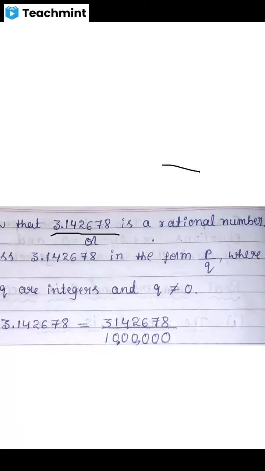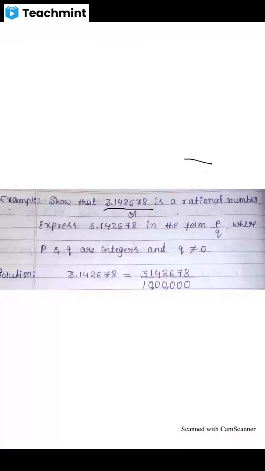Now, the question may also ask in the form of: express 3.142678 in the form P by Q. You can do it in two different ways. The first method is to show that 3.142678 is a rational number, or express 3.142678 in the form P by Q, where P and Q are integers and Q is not equal to 0.